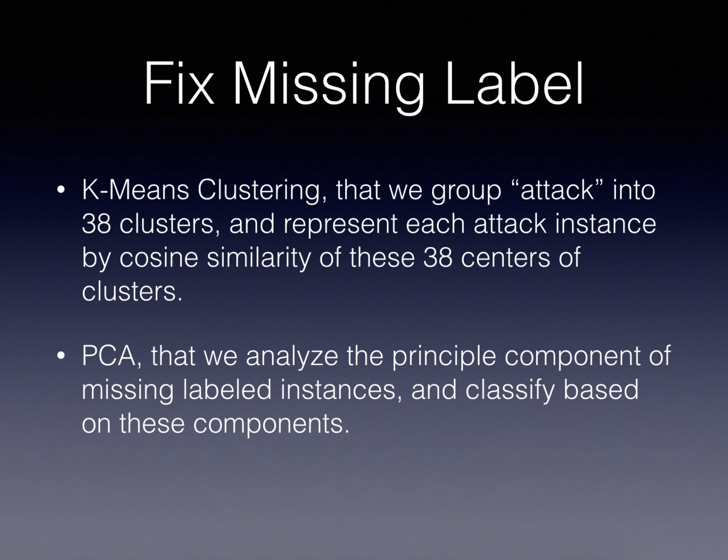The idea that I thought of is that I group the attacks into 38 clusters, because there are totally 38 attack types that we already know, and then we represent each attack instance by cosine similarity with each one of the 38 centers of these clusters.